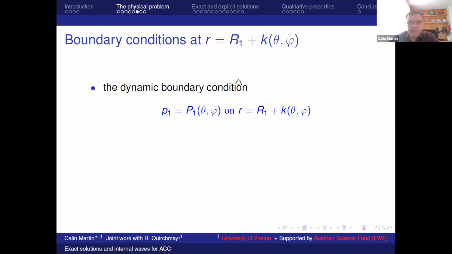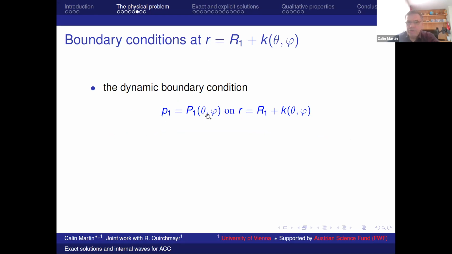Except for the governing equations, there are boundary conditions. This is a water wave problem, and it is completely specified when we specify the boundary conditions. At the surface of the flow, we ask that the pressure equals some given function: small p is the unknown of the problem, and capital P1 is some given function.